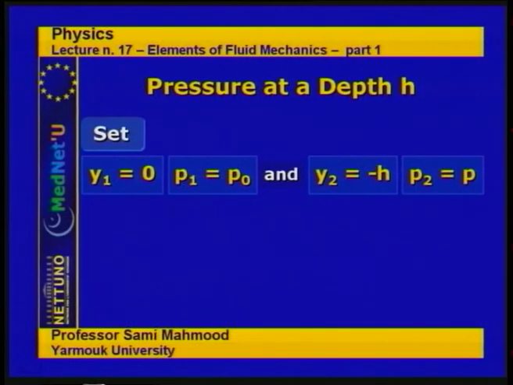In this case, going back to the previous equation, we set y1 equal to 0, because we are interested in only the pressure at one point, which is at a depth h.